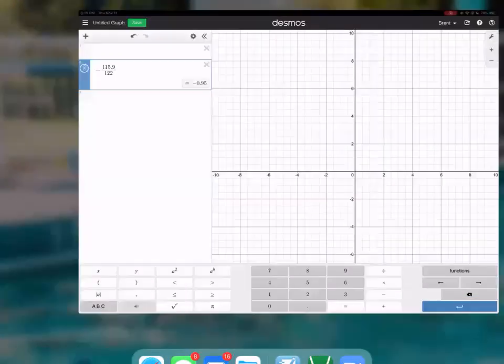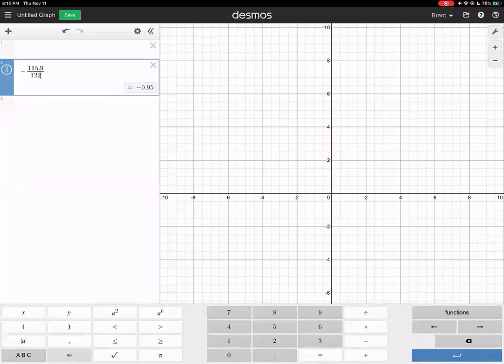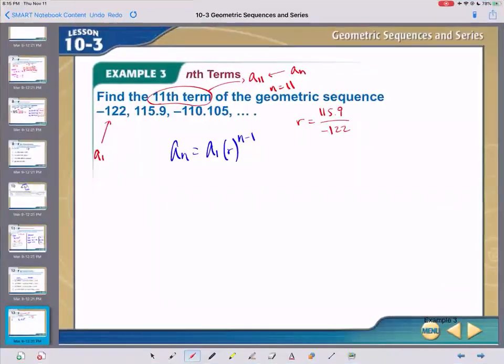I got the negatives backwards, but with one negative, it doesn't matter. My value will be negative 0.95. Since they're using decimals on this problem, I'm going to list mine as a decimal, as opposed to if you change it to a fraction, that's negative 19/20. I'm going to leave it in this form.